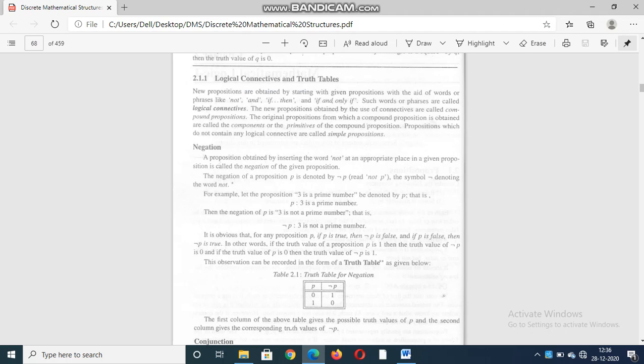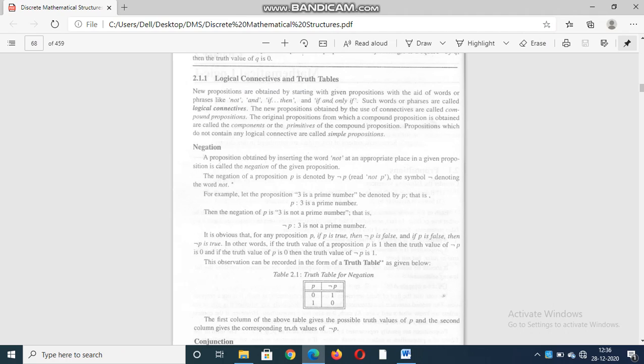If you observe the definition, new propositions are obtained by starting with a given proposition with the aid of words or phrases like not, and, if then, and if and only if. Such words or phrases are called logical connectives.